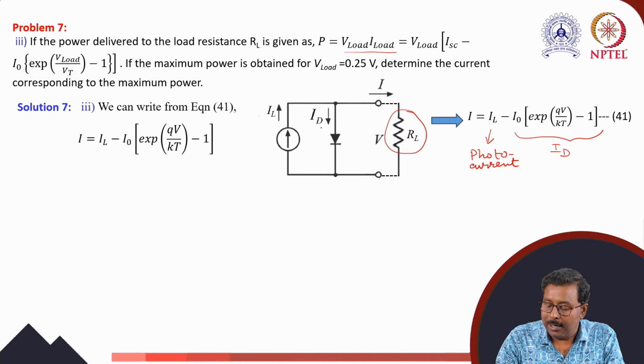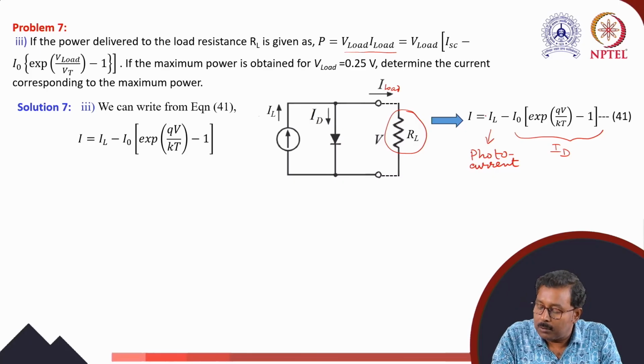So IL minus ID is equal to I, that is I load. To remove the confusion, the load current can be written as I load. So here also this is I load.